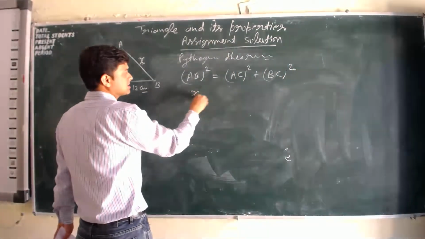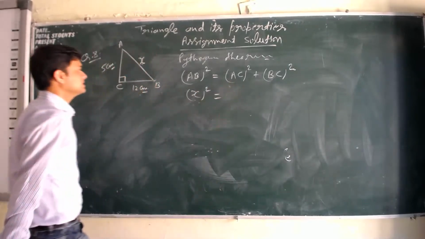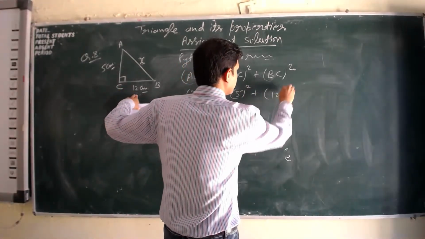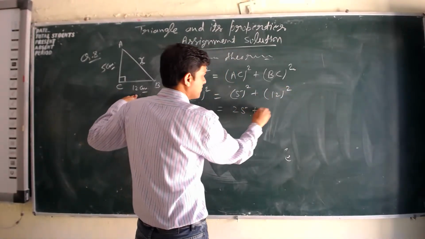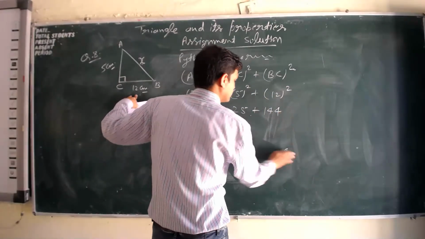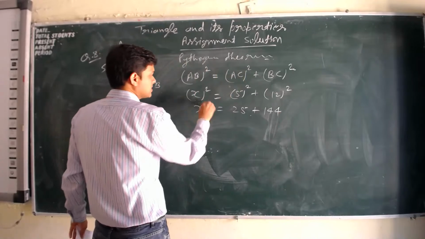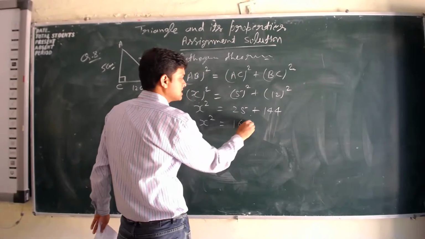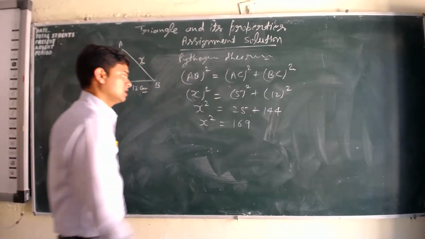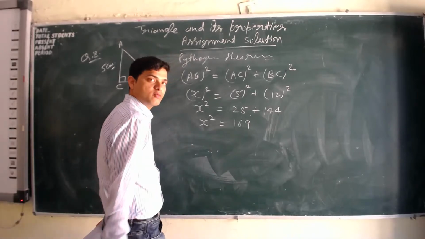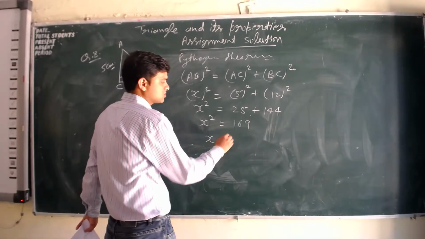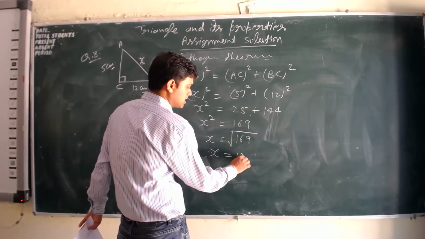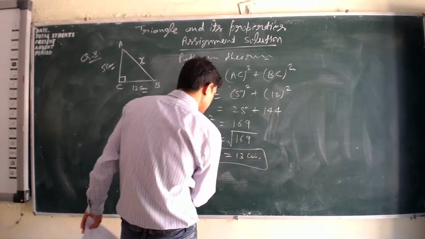AB is equal to X, AC is equal to 5, and BC is equal to 12. 5 square is equal to 25 and 12 square is equal to 144. X square is equal to the addition of these two, that is 169. Now we have to take the square root of both sides. The square root of X square is X and the square root of 169 is 13 centimeter. That's your AB side.